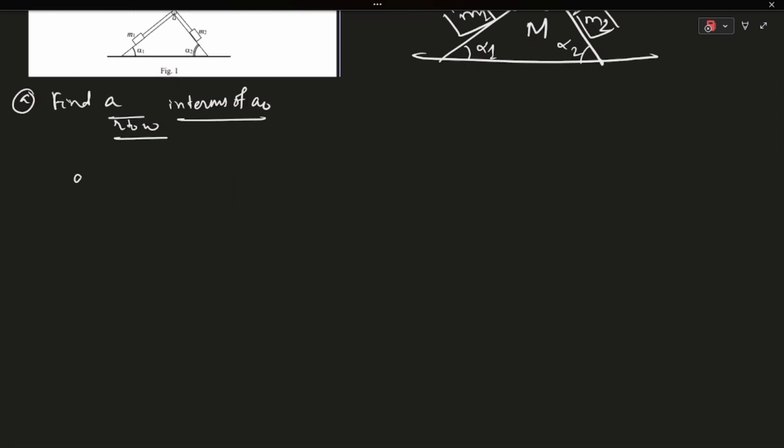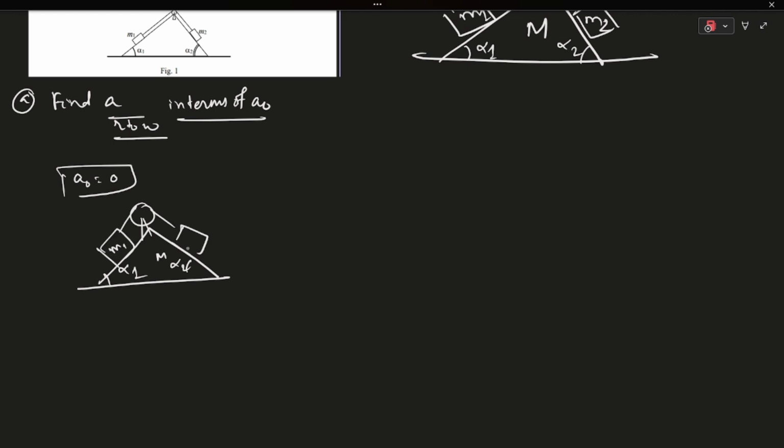What if A naught equals 0? That means the wedge is fixed. If the wedge is fixed, here is M1, here is M2. Suppose M2 is greater than M1, so M2 will move down the incline with acceleration A. M1 will move up the incline with acceleration A.